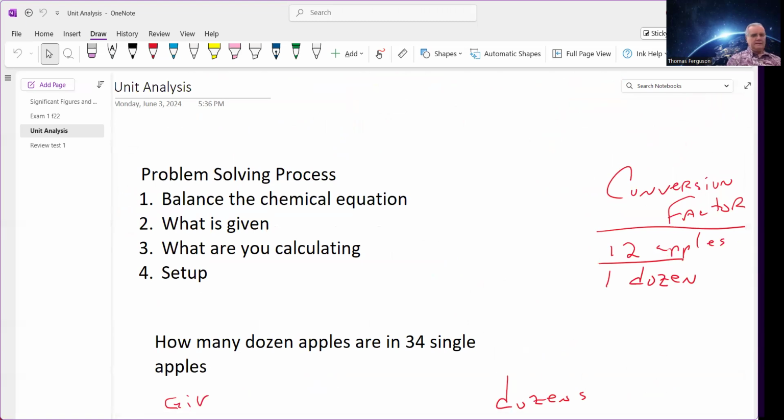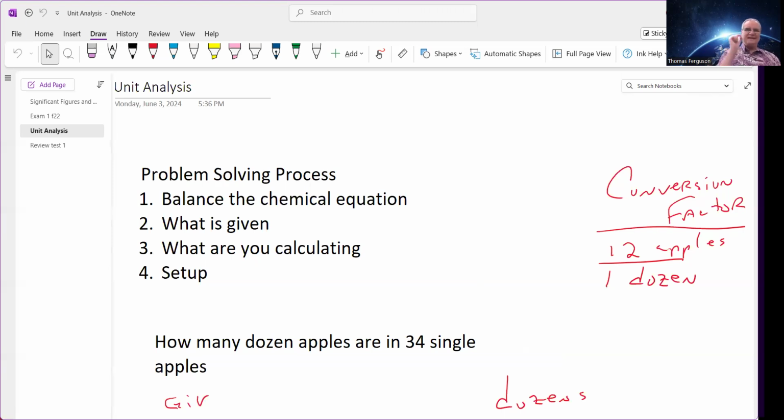Now, first step is balance a chemical equation. That's only if there's a reaction. If there's no reaction, there's no equation to balance. Unit 1, we have no chemical equations. Unit 2, all we have are chemical equations. So for unit 1, we start at step 2.